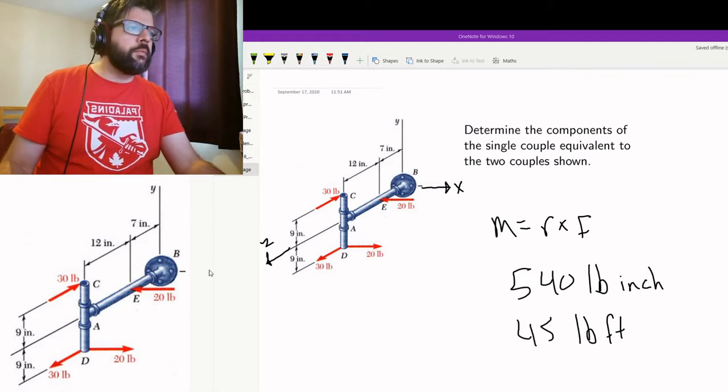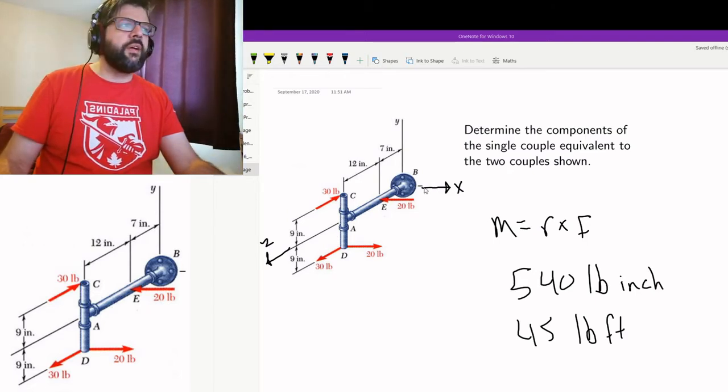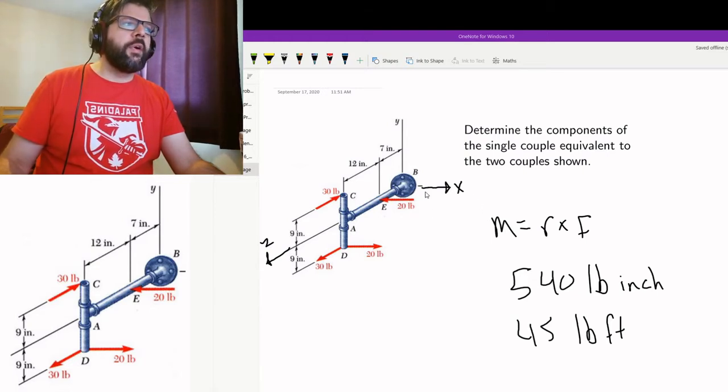Looking at this, because those two forces are both acting in the y-z plane, we know that the only components of the moment generated by that are going to be in the x-axis. The question is whether or not it's going to be positive or negative.